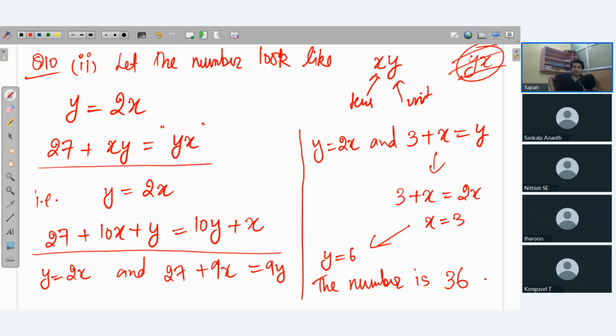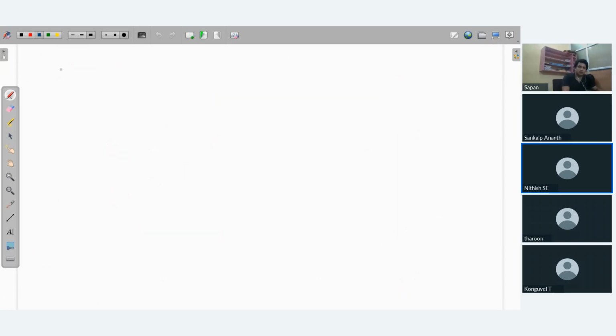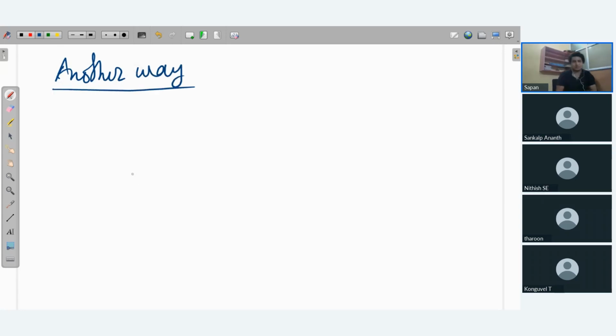We can do it by hit and trial also. I'll show you how. Remember these conditions: y is equal to 2x. We only have 2-digit numbers, right? The units digit is double the tens digit.